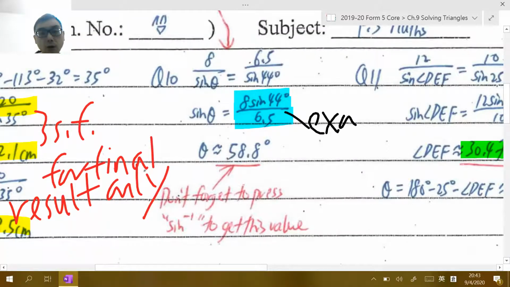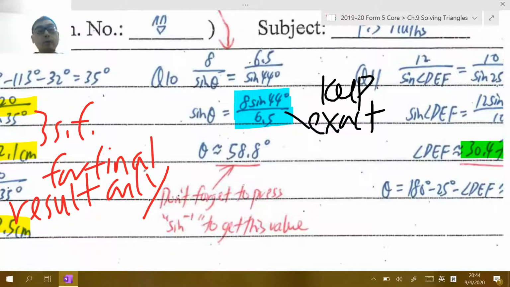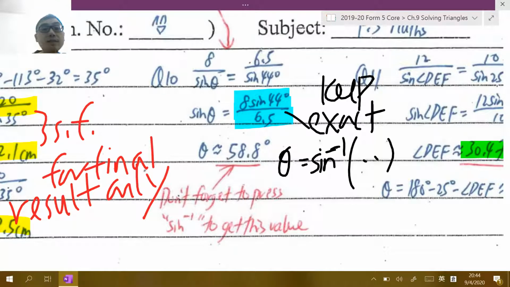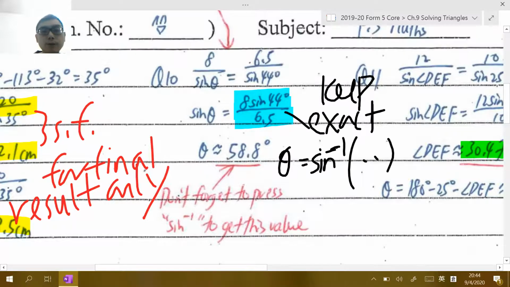And also, a very important thing is that when you want to find the angle, for example using sine, some of you may say, oh, Mr. Wong, can I rewrite the notation in this way, which is sine^-1 and then something? The answer is, avoid using this.